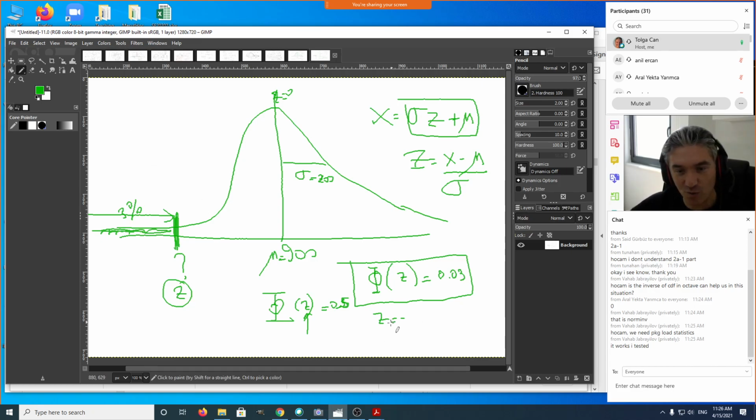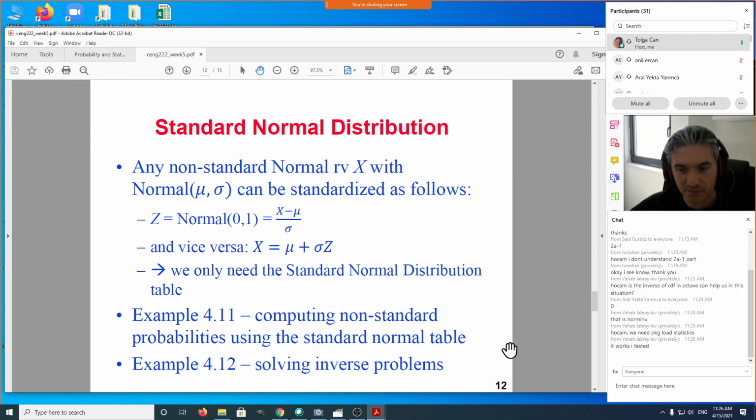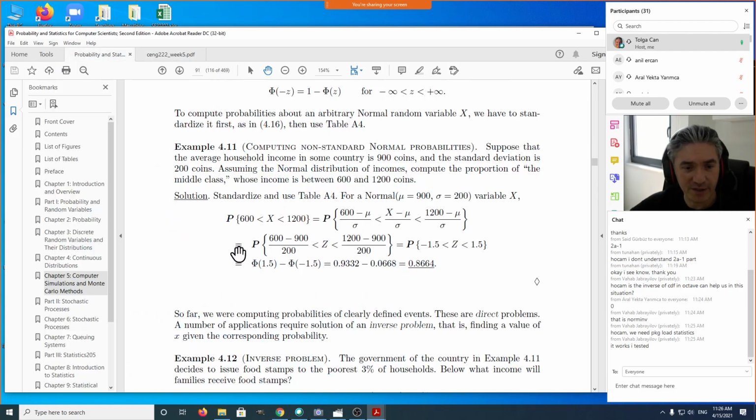So the z-score in this case is minus 1.8808. What we need to do is multiply it by 200, add 900 to that, and you get your poor family threshold. Okay, let's take a look at the book on this.